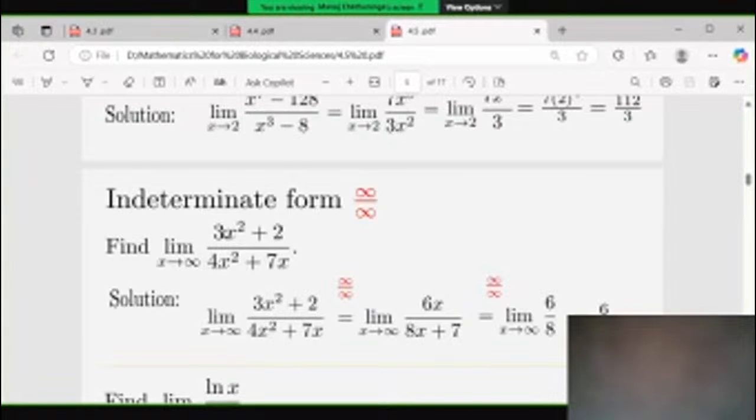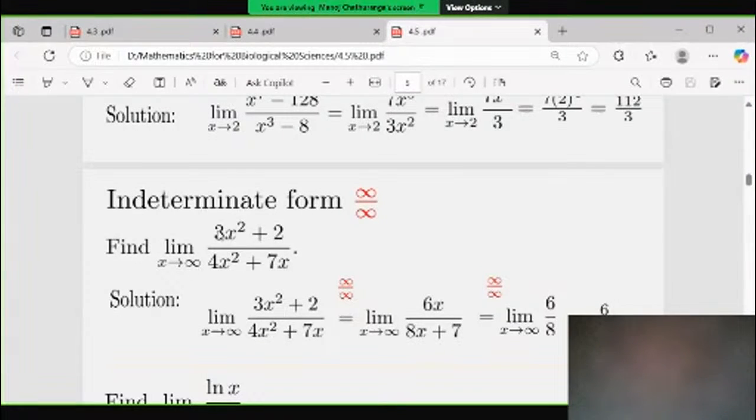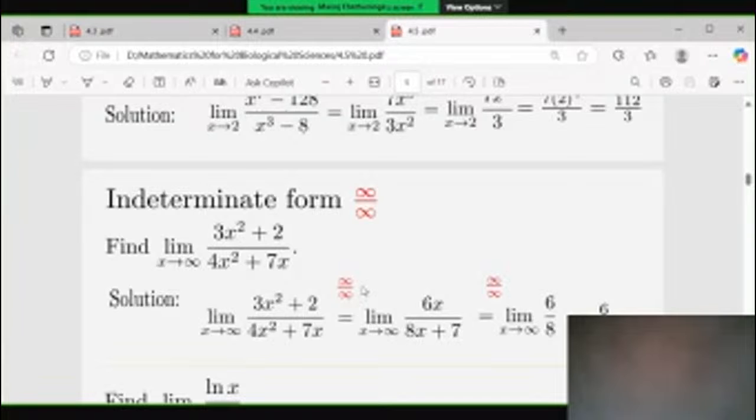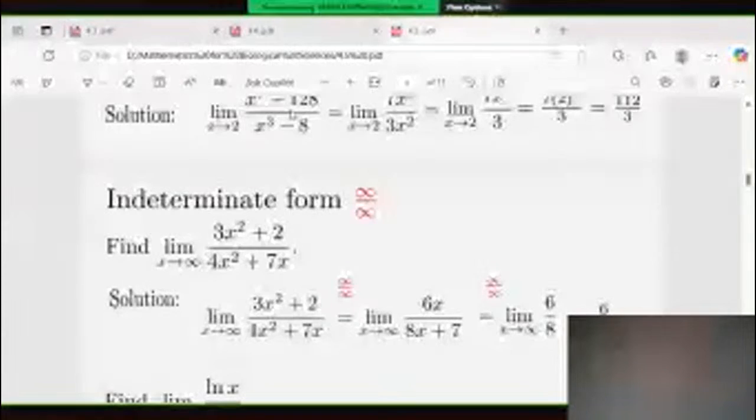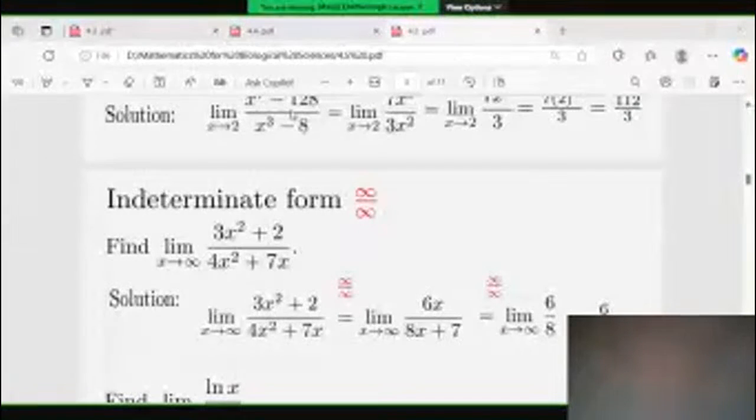So take this and directly substitute x infinity and see what happens. When you do so, you get infinity divided by infinity, one of the indeterminate forms. So don't worry, differentiate both numerator and denominator. When I differentiate 3x squared plus 2, I get 6x. Then derivative of 4x squared plus 7x is 8x plus 7.